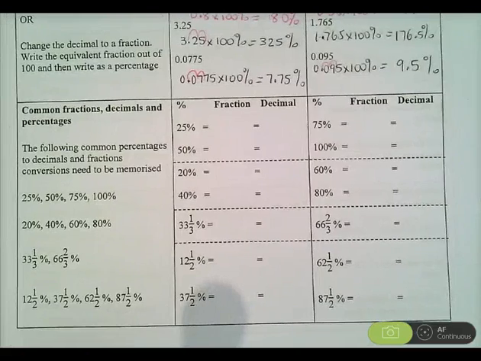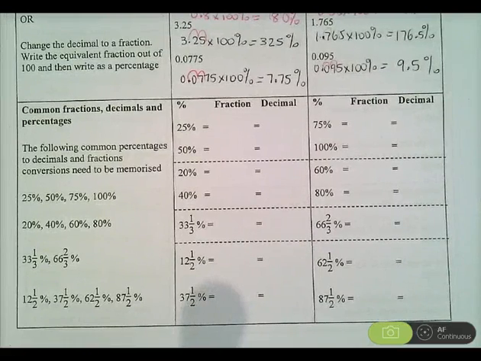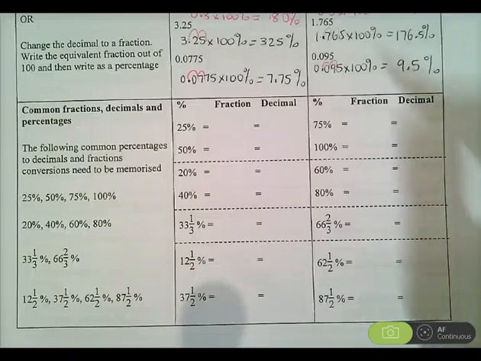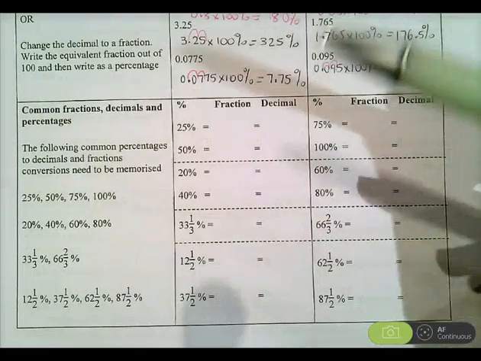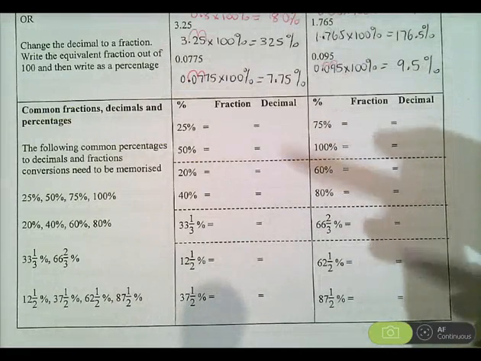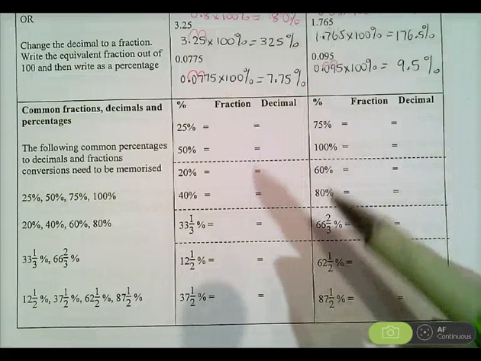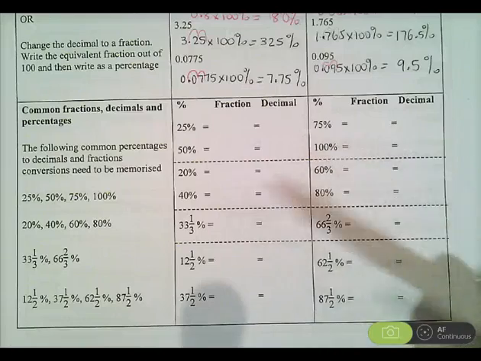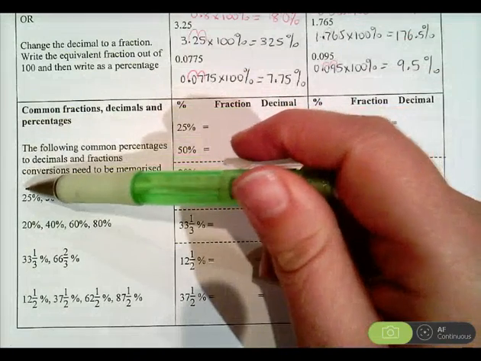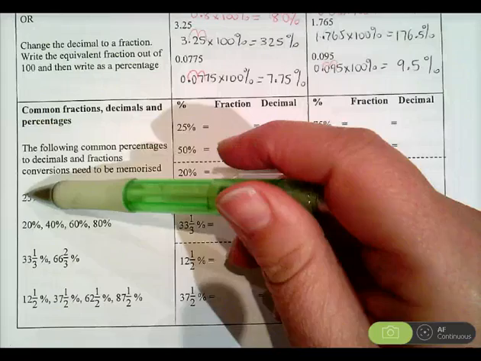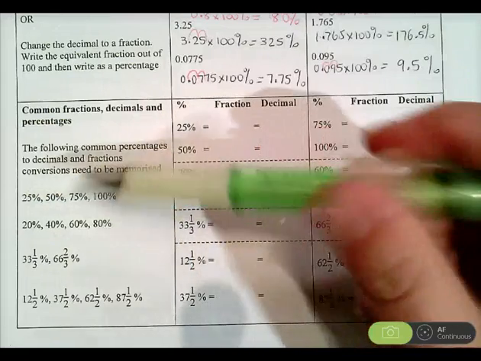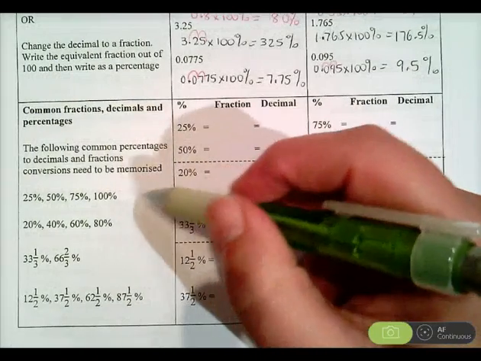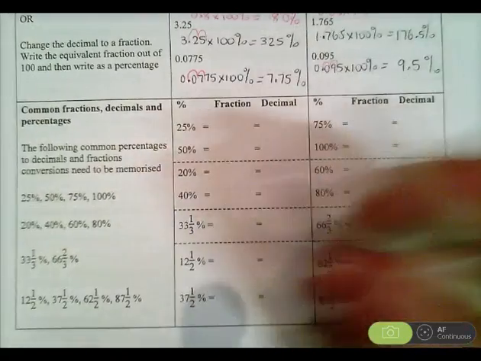Okay, now it really is a good idea, and it's really important actually, to know common percentages. So you really have to know how to convert between common percentages, fractions, and decimals. Now, if we look at these common percentages, 25, 50, 75, 100%, that's where you're really just dividing a circle up into 4 pieces.